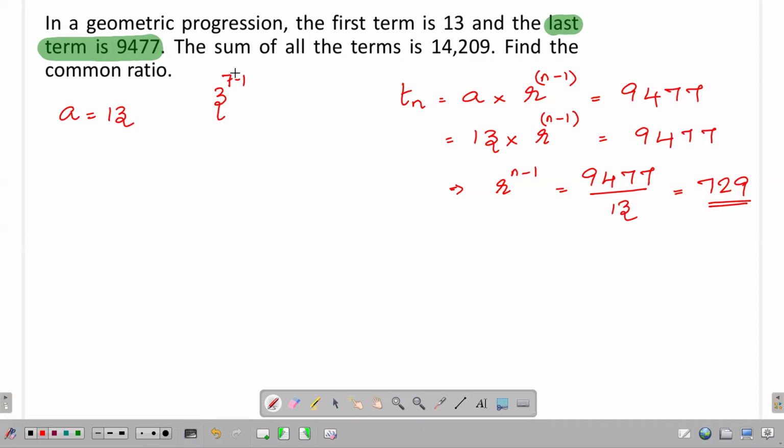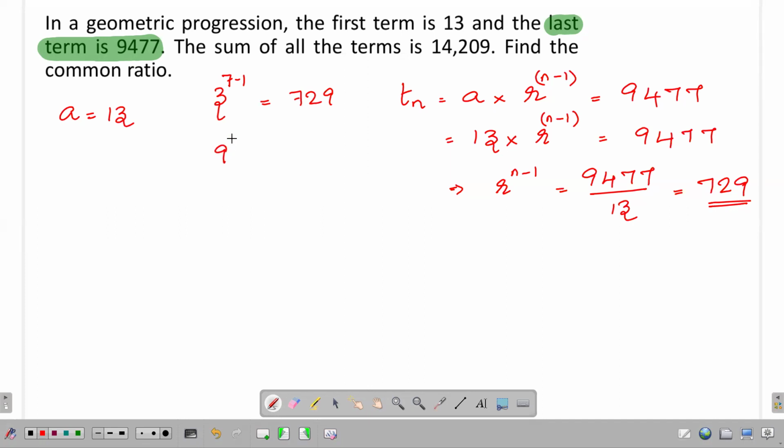Correct, no? So 3 power 6, that is 3 power 7 minus 1, is equal to 729, I know. Got the point?